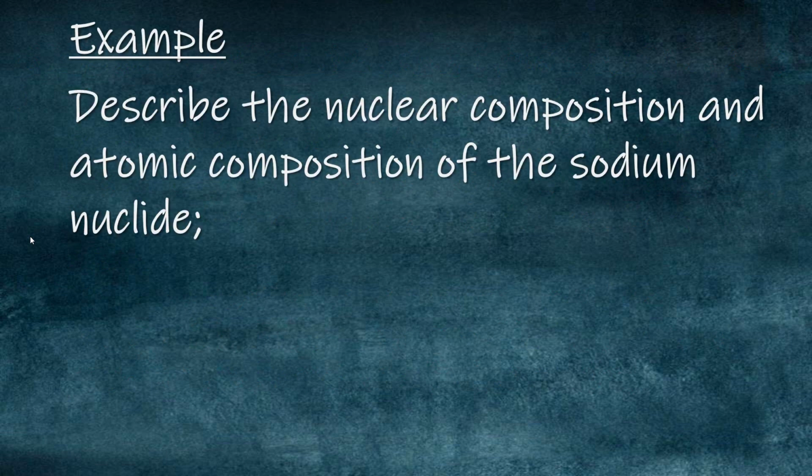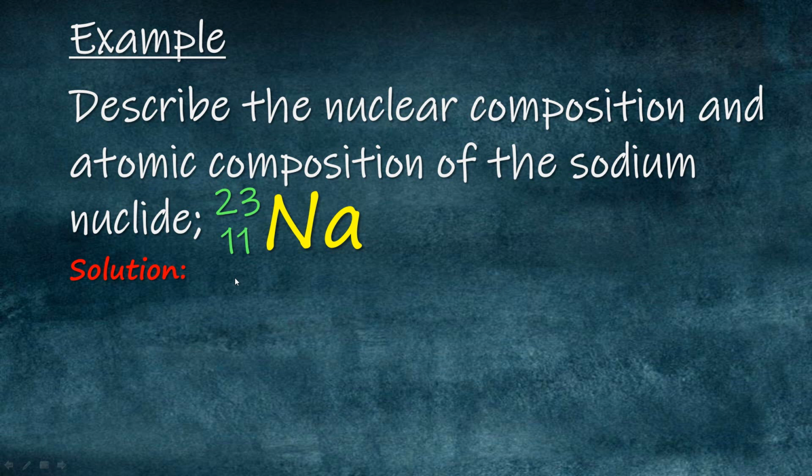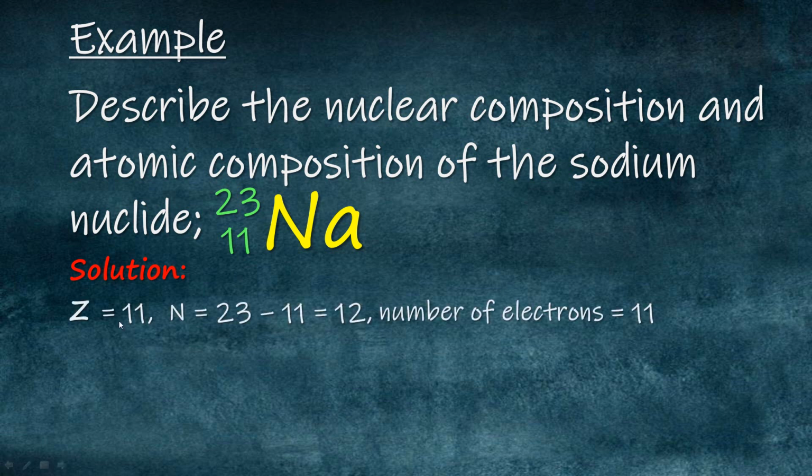Okay, I want to look at an example. Describe the nuclear composition and atomic composition of the sodium nuclide 23 11 Na. The solution is very simple, like I'd already said. Z is the number of protons. So how many neutrons are here? The number of neutrons is very easy to calculate.